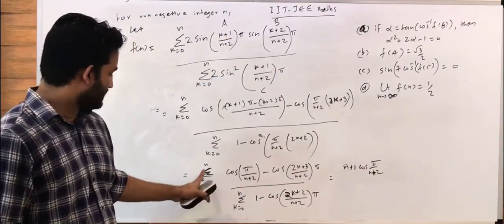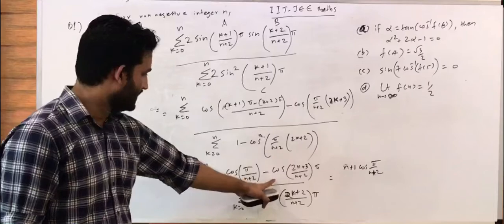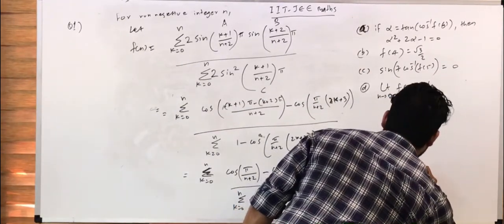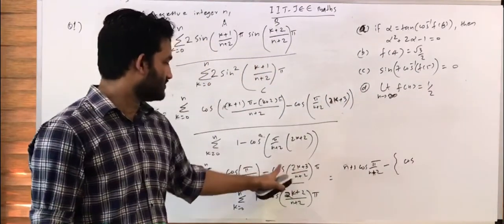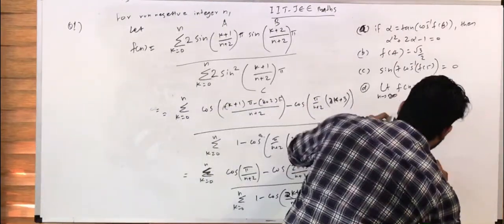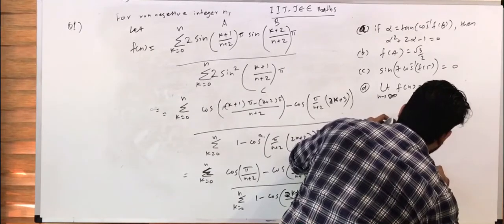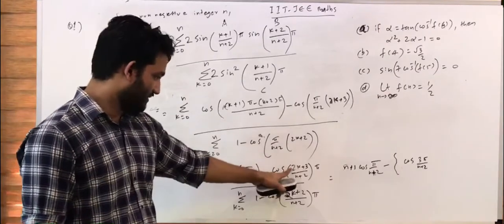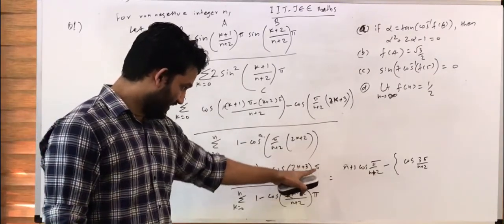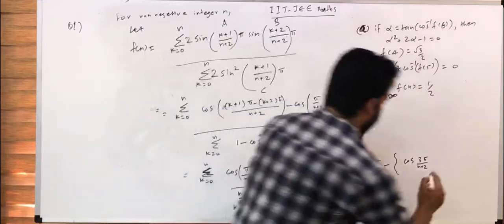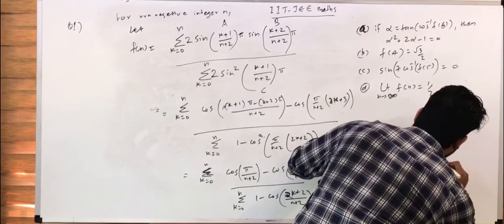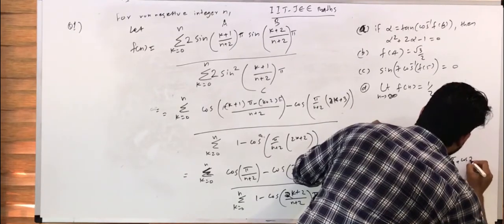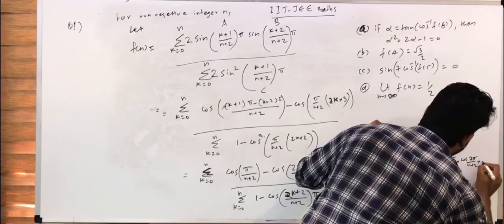Next we apply summation to the second term, so we get minus, when k equal to 0, it becomes cos 3 pi by n plus 2, and next we substitute k equal to 1, then it becomes cos of 2 into 1 plus 3, that is cos 5 pi by n plus 2, cos 7 pi by n plus 2, and it goes on.